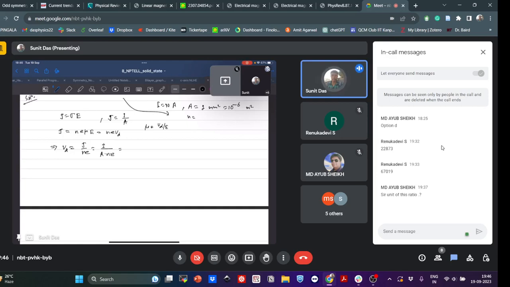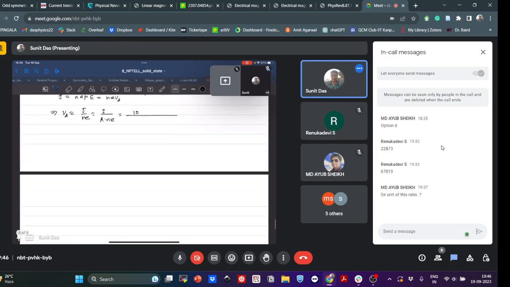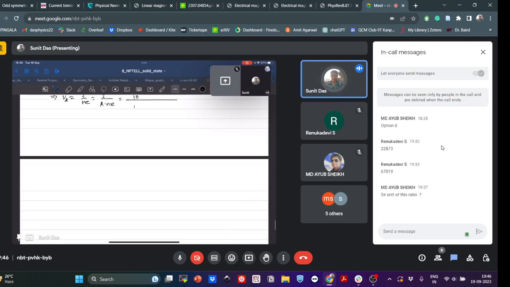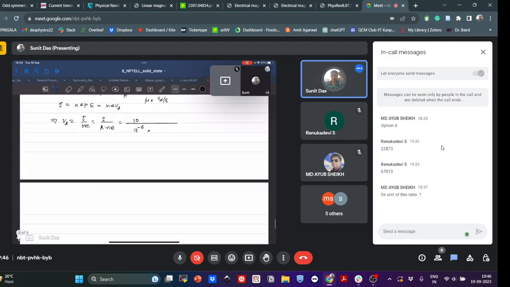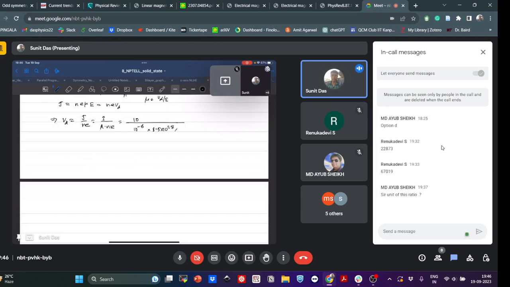So the current is 10 ampere, cross sectional area is 10 to the power minus 6 meter square, and n is given as 8.5, SI unit, and then electronic charge. This will be meter per second.